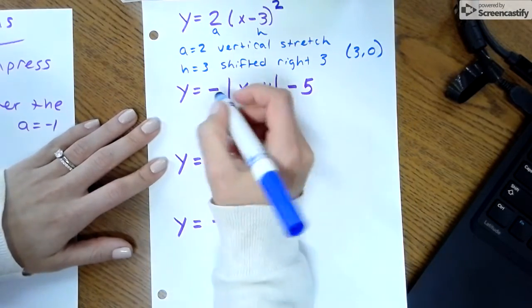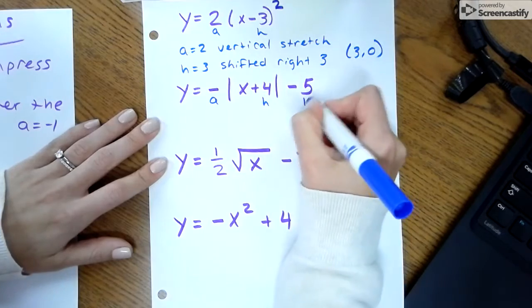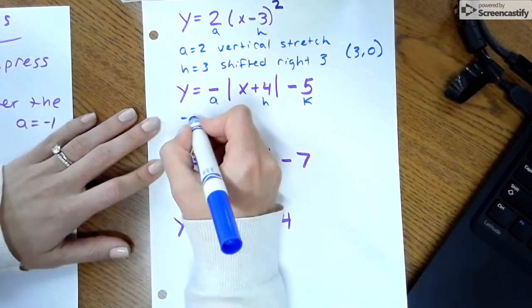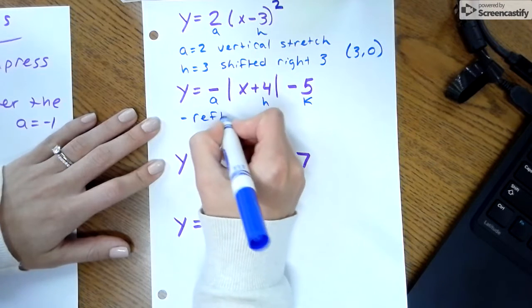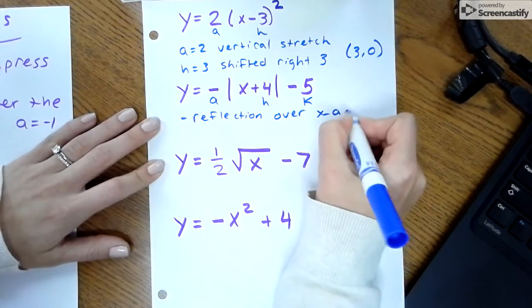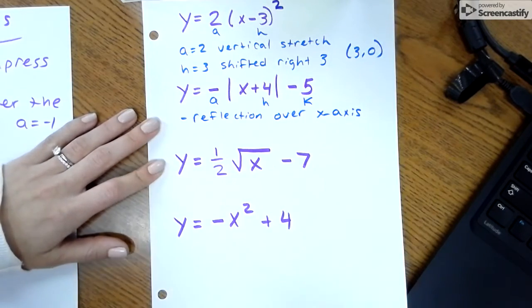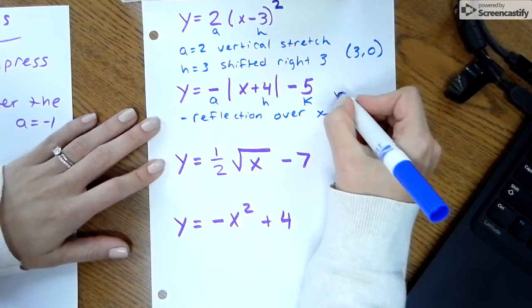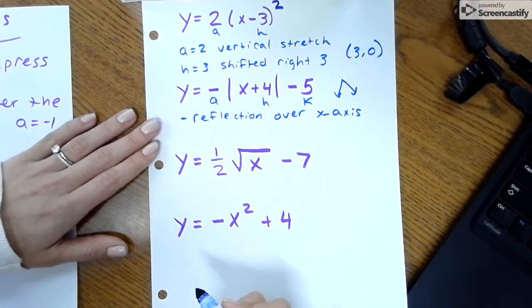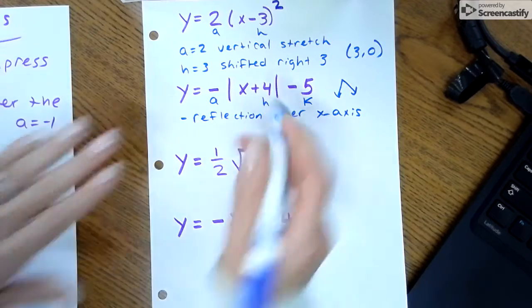Next one is an absolute value function. So again, I have a, h, and k. A is negative, so if a is negative, this is going to be a reflection over the x-axis. So in some of these functions, we talk about it opening down. So in this case, it would be an absolute value function, and instead of opening up like the parent graph, it's going to open down. It's x plus 4.